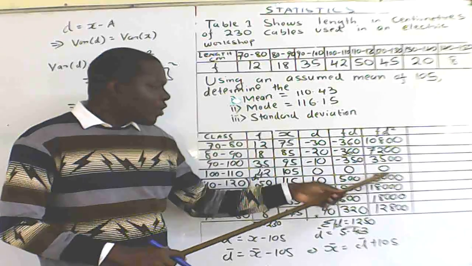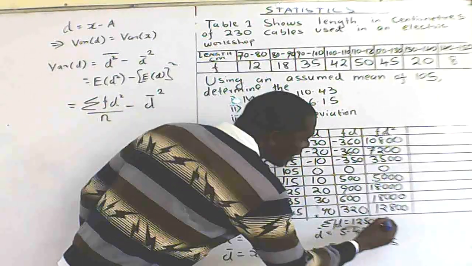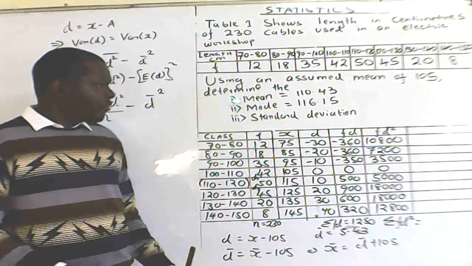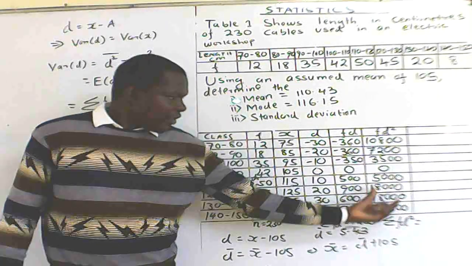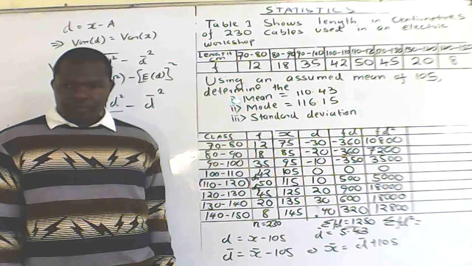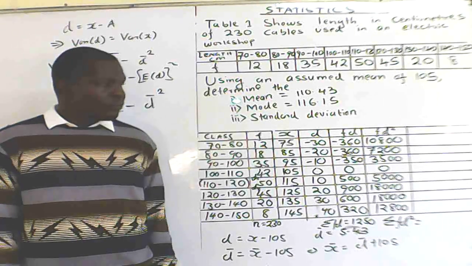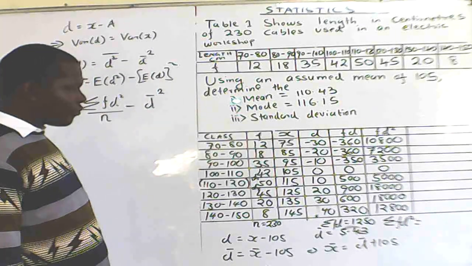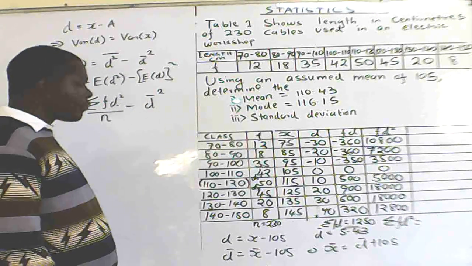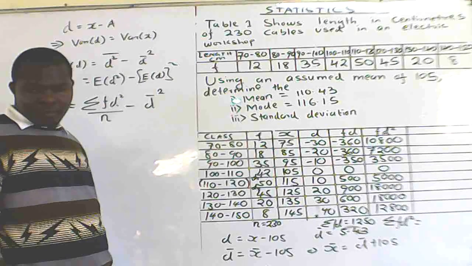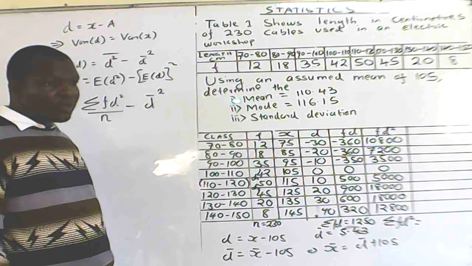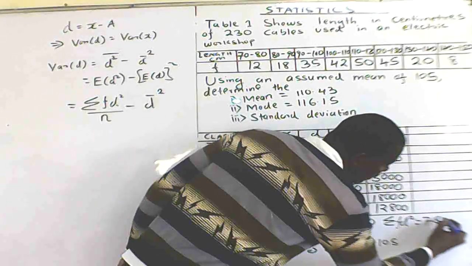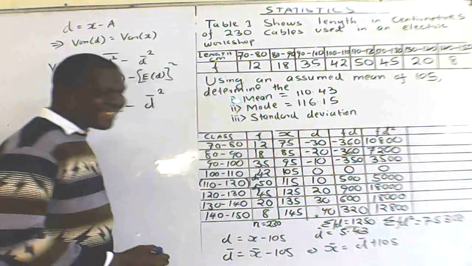So when we add up all the fd squares, what do we get? Summing up all the fd squared, we have 75,300, isn't it?